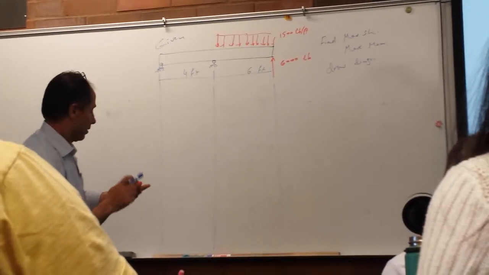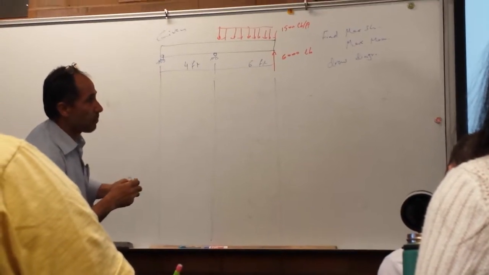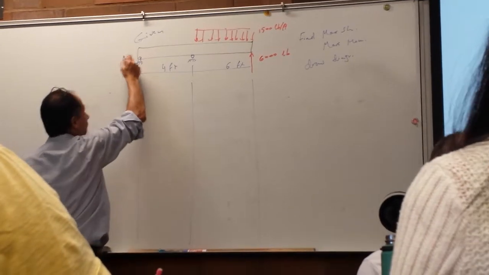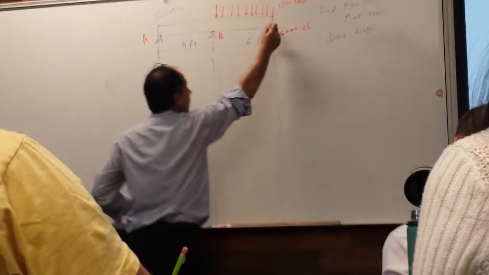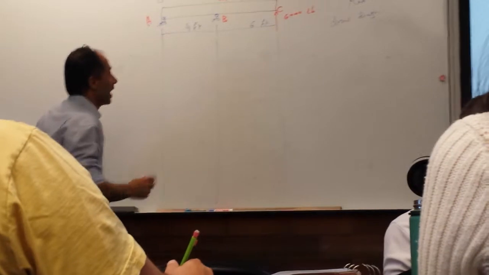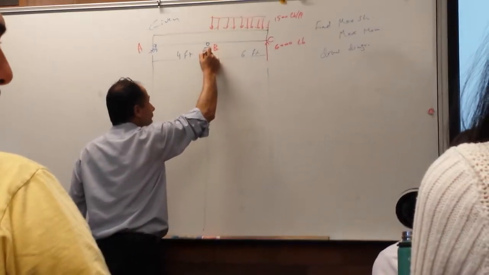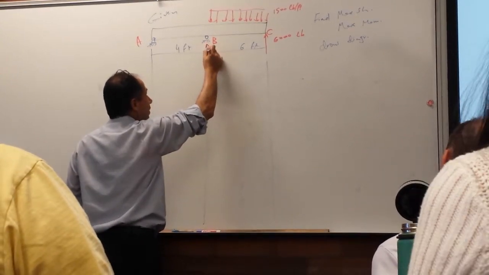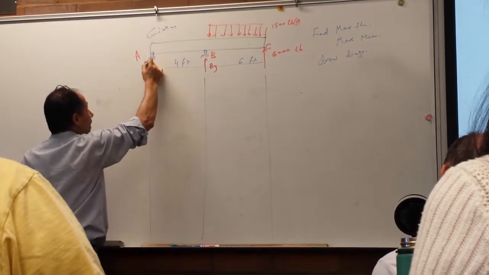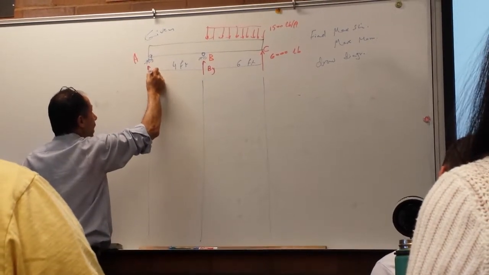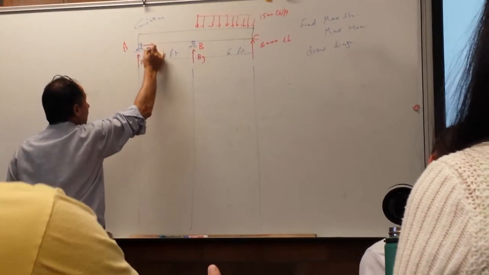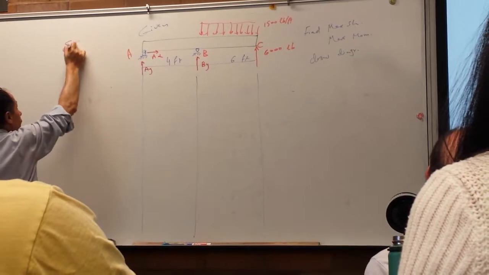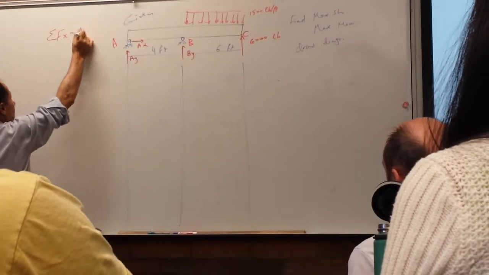At A, this is A, B, and C. At B, I should have only BY, correct? Correct. And here I have AY and AX. Sum of forces on X equals 0.